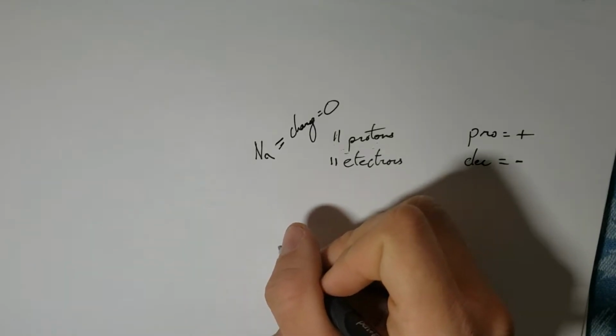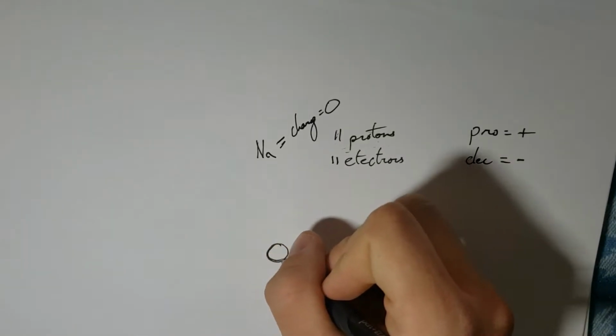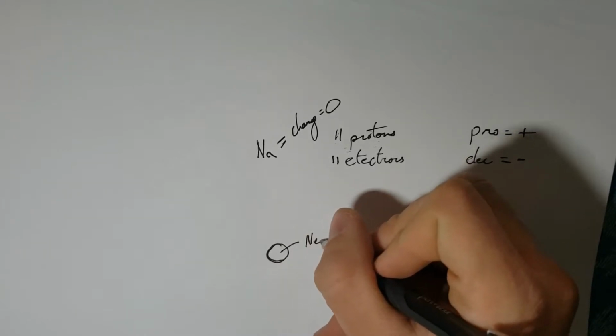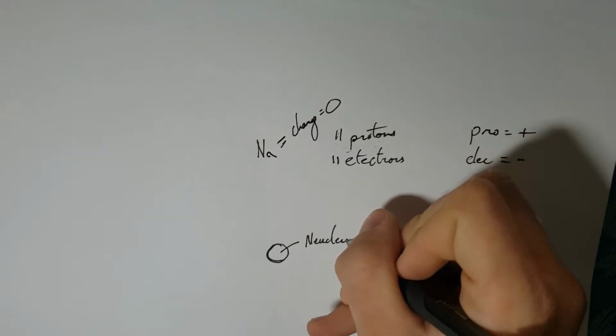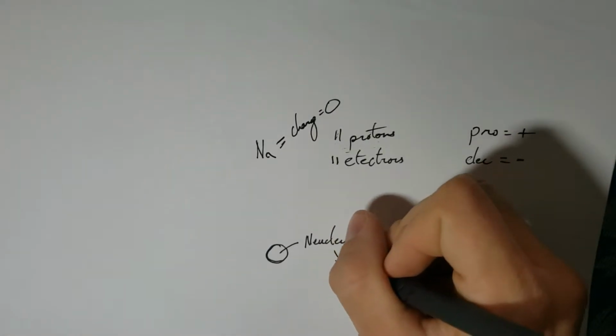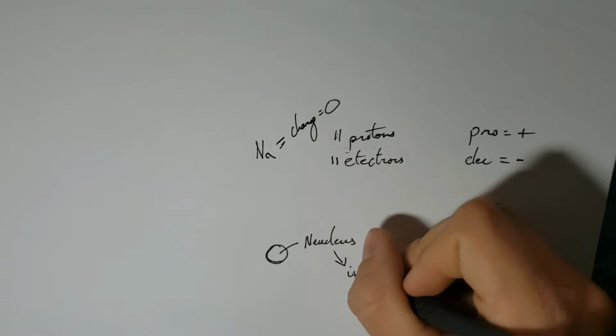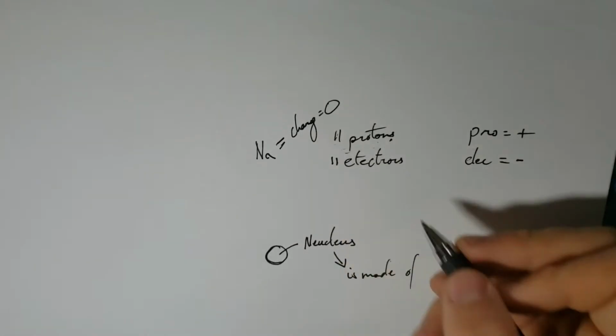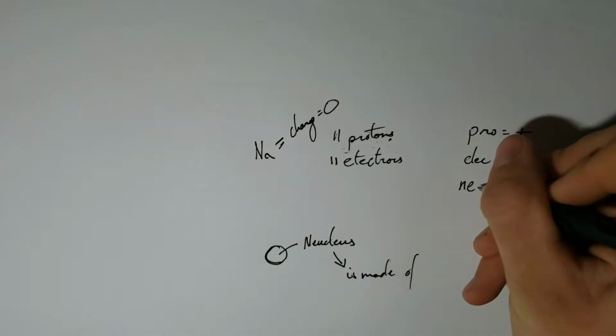Well, in an atom, we have our core here, the middle, and this is called a nucleus. Our nucleus is made of protons and neutrons.